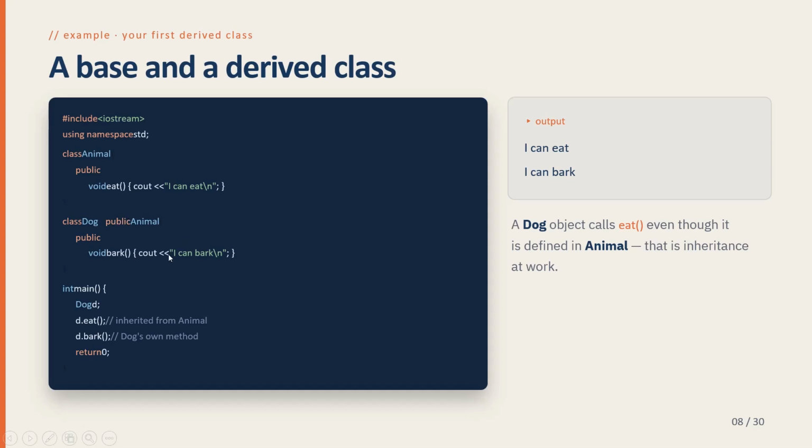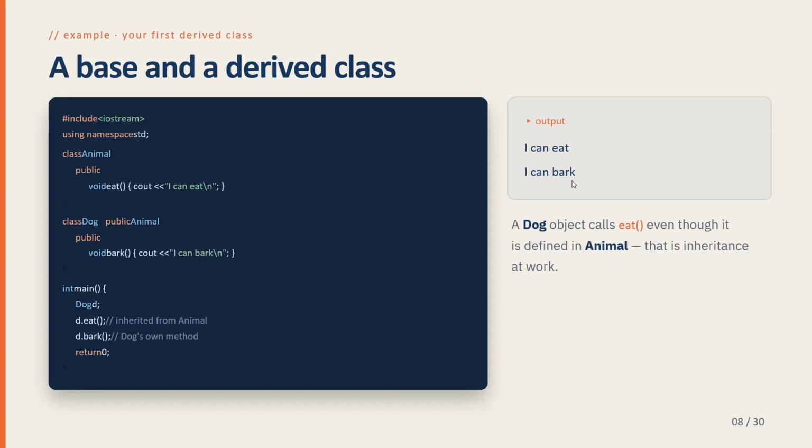Inside the dog, we define another function called bark that displays I can bark. Even though the eat function is defined inside animal, we can also call it through dog along with the bark function. So the output will be I can eat, I can bark. This is the basic idea of inheritance. The dog object is able to use the inherited functionality from animal as well as its own functionality.